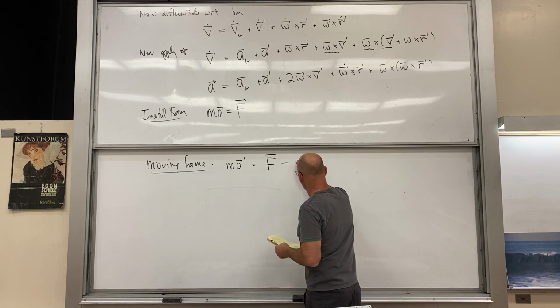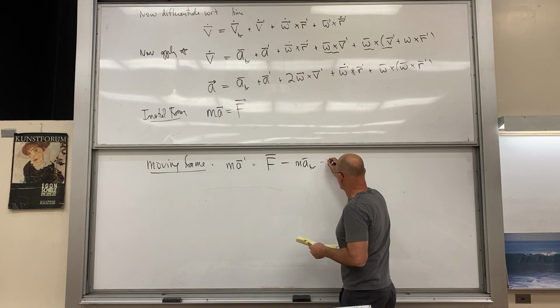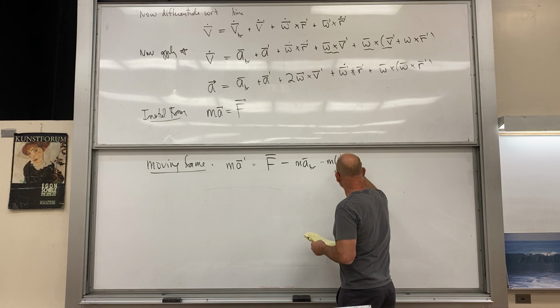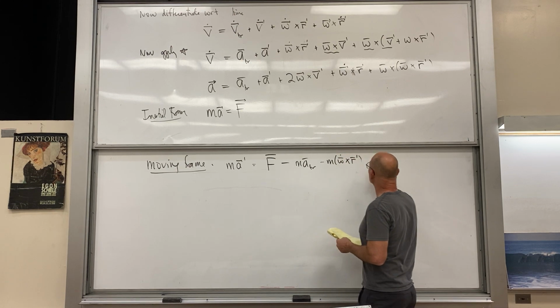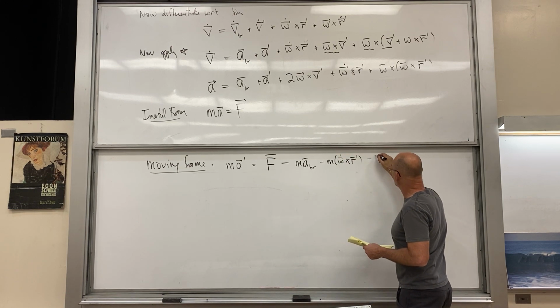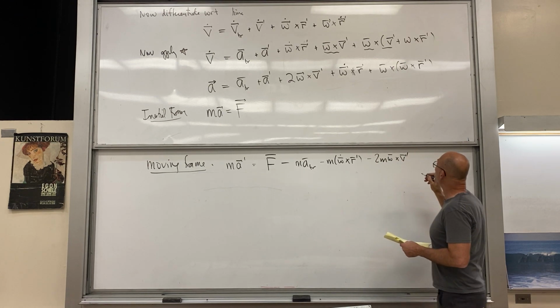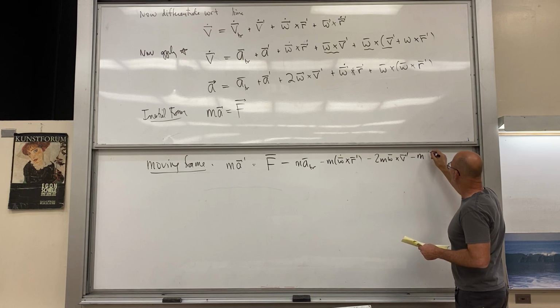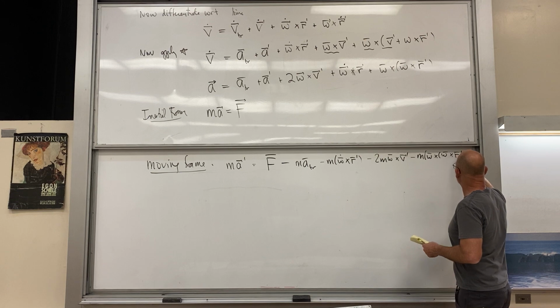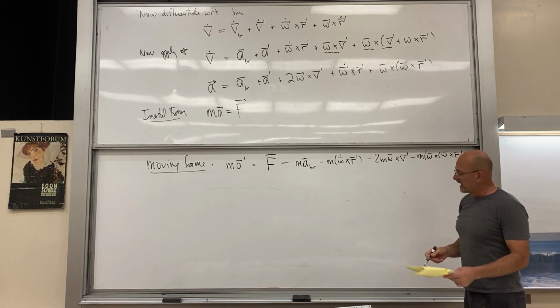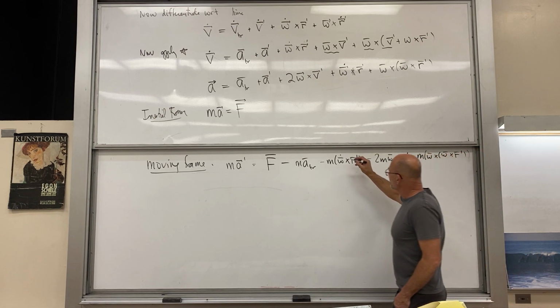So minus m times the translational acceleration, minus m omega dot cross r in the prime system, minus 2m omega cross v in the prime system, minus m omega cross omega cross r in the prime system. Okay, there's a lot going on here.